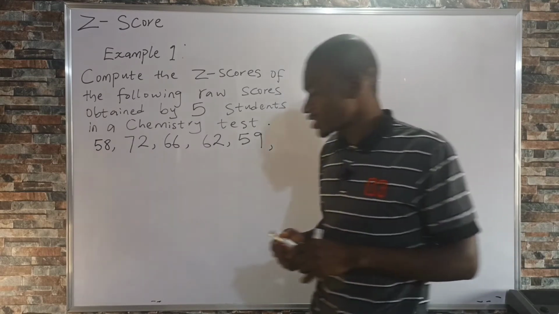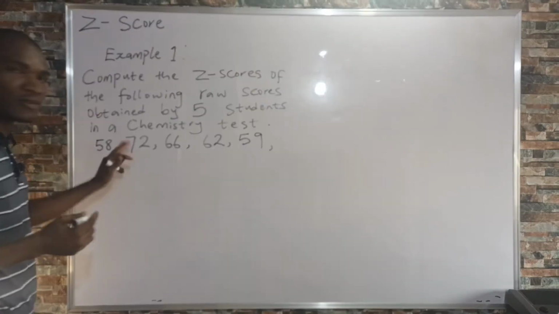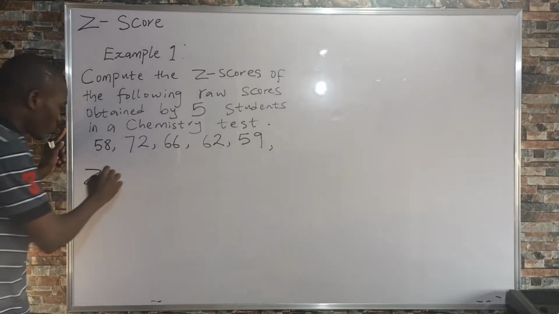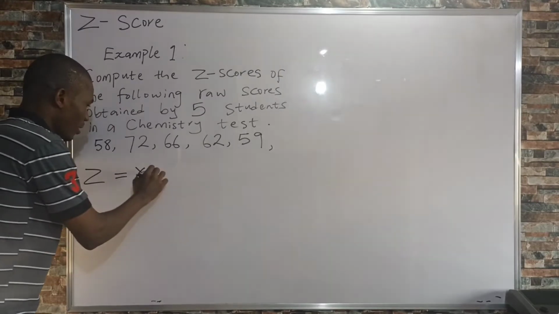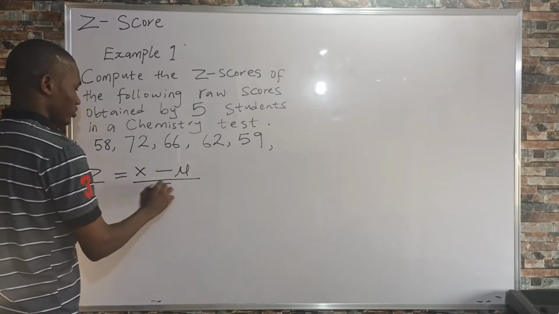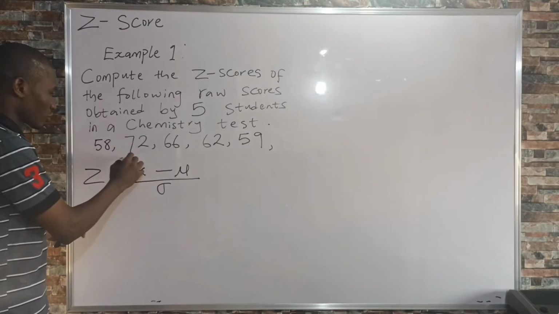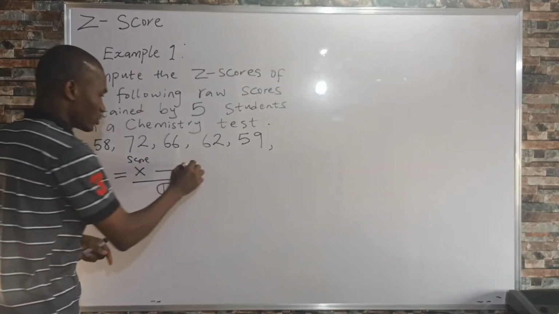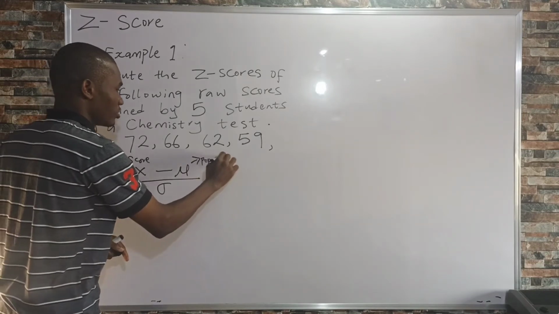Let's go ahead to state the formula for calculating the z-score of a given score. The formula is given as z equals x minus mu, all over the standard deviation. The x here stands for your score, while the mu here stands for the population mean.